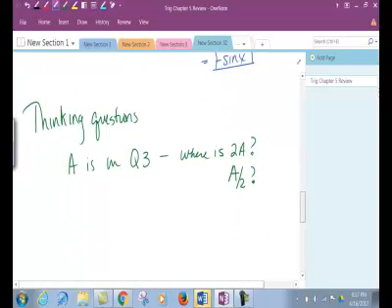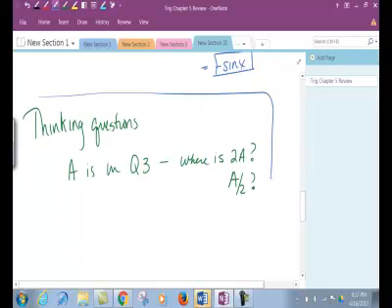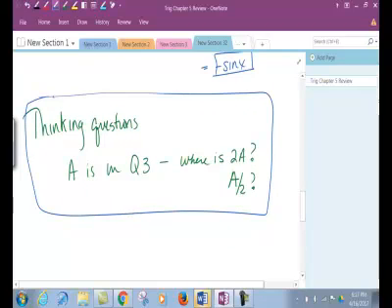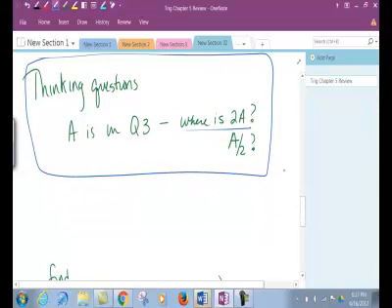And then because you love them, there'll be some thinking questions. So here are examples of thinking questions. I might tell you that angle A is in quadrant 3, and you have to ask yourself, where would 2A be? So this is the procedure we use in class. If you're in quadrant 3, then that means A is between 180 and 270 degrees, right?